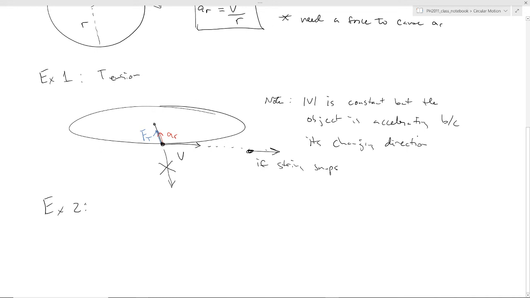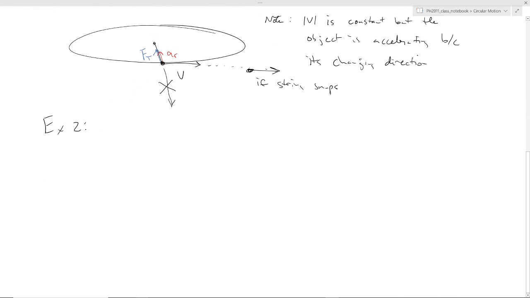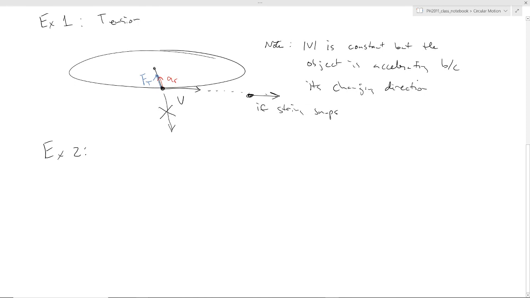Another example of a force that can provide the centripetal acceleration is friction. So perhaps a familiar example would be if you're in a car and you're going around a corner. Try and draw a car here. So a top view here.